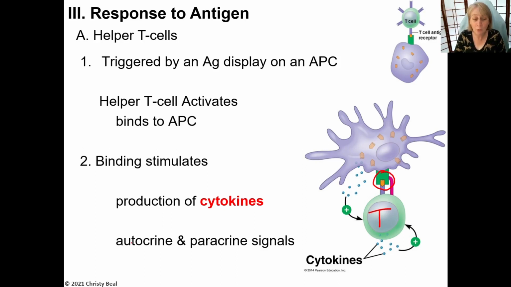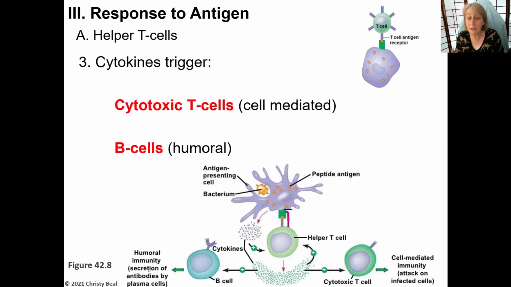This is local signals, paracrine, but this T cell is also stimulating itself. It is autocrine, talking to itself. What happens is this T cell releases signals that cause it to make more. It calls cytotoxic, or cell killer, cell immunity, the cell-mediated immune system response.